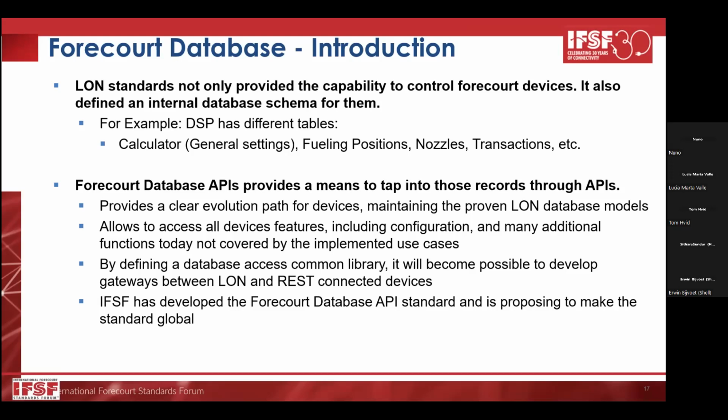So we are keeping all the wealth of information we had there, and we are now evolving to support new features, for example hydrogen and other alternate fuels, but again still reflecting all the original and proven LON data information. These database definitions are generated not only for the dispenser, but also for price pole, ATG, and car wash.